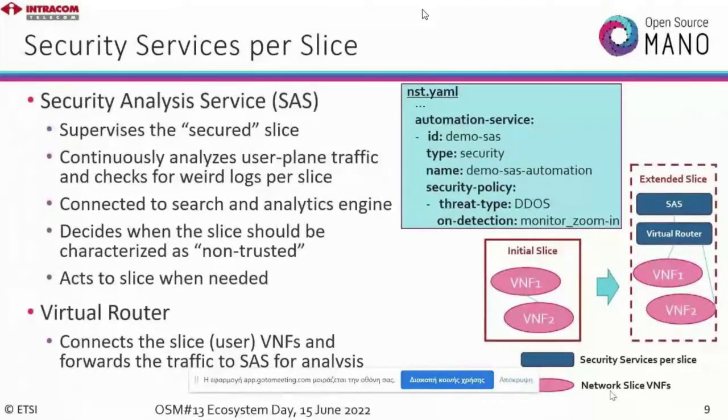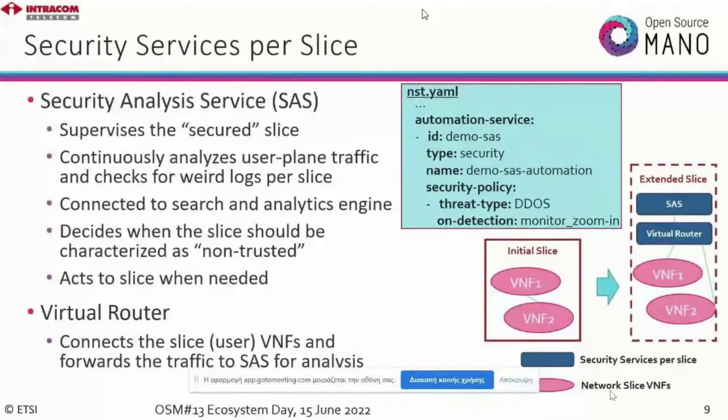As you can observe, here we present a high-level NST descriptor where we provide information about the security automation service, such as the ID, the type, the name, while also the actuation policy to be applied when a specific threat is detected.